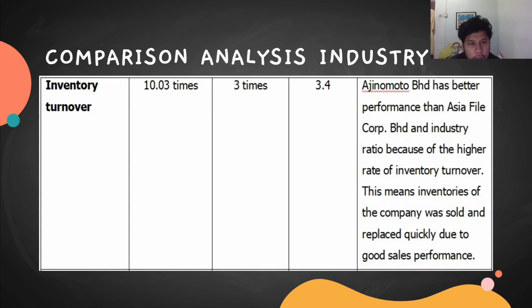On the left, Ajinomoto Berhad is 10.03, whereas Ashafa Corporation is 3. Ajinomoto Berhad is doing very well, higher than the industry ratio. But Ashafa Corp is only 3, lower than the industry ratio, which means its sales were not really good in terms of the rate of inventory being replaced after being sold out.